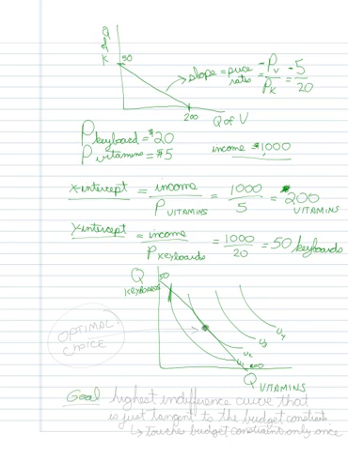We want to have the two slopes be equal. The goal, as restated here then, is the highest indifference curve that is just tangent to the budget constraint.